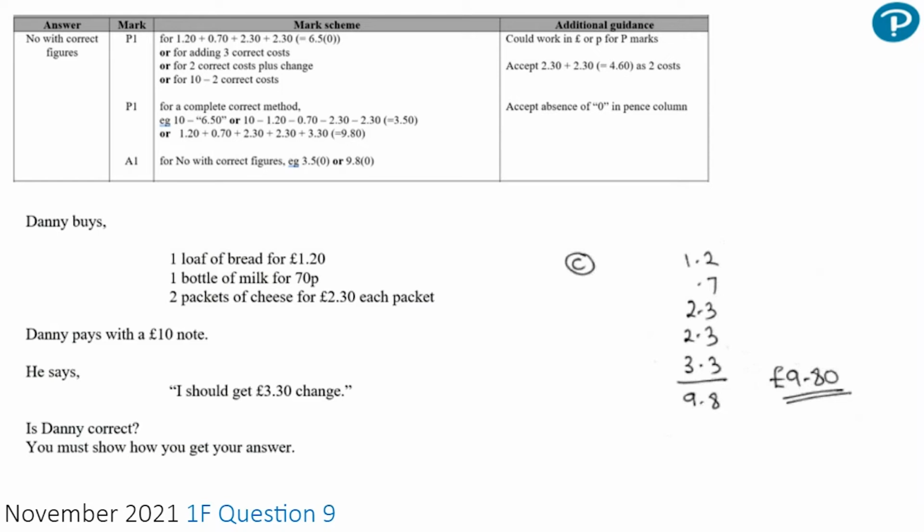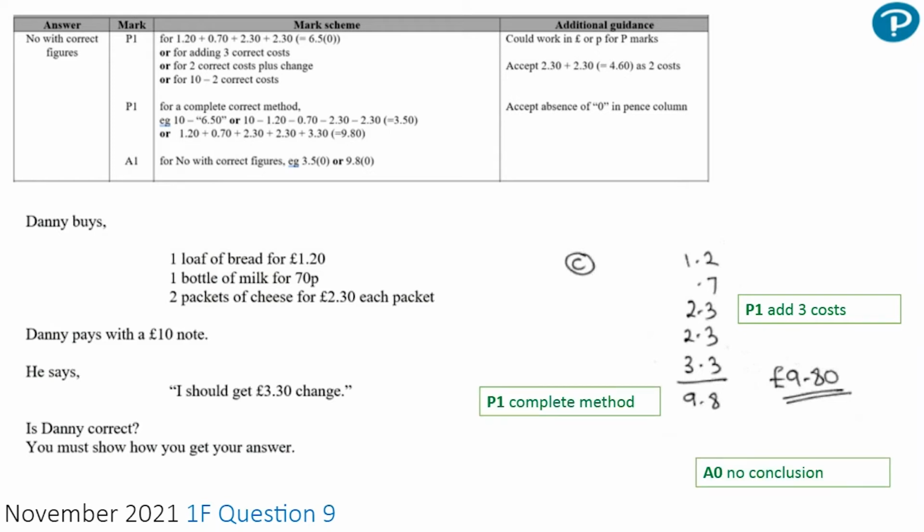And we will see that time and time again. P1 adding 3 costs, P1 complete method, A0, no conclusion. Time and time again, the easy marks. You've done all of that work and then not brought it together. Yeah, didn't say no.